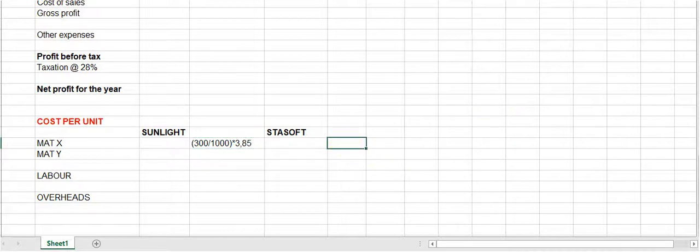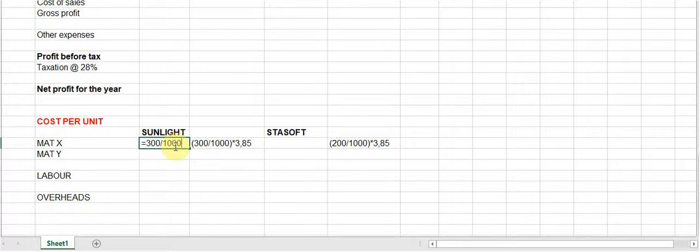For the Stasoft of material X, I need 200 milliliters. So it is 200 divided by 1,000 so that I can get it to liters, times the 3.85, which is the price of material X. So that is 300 divided by 1,000 times 3.85, and 200 divided by 1,000 times 3.85.